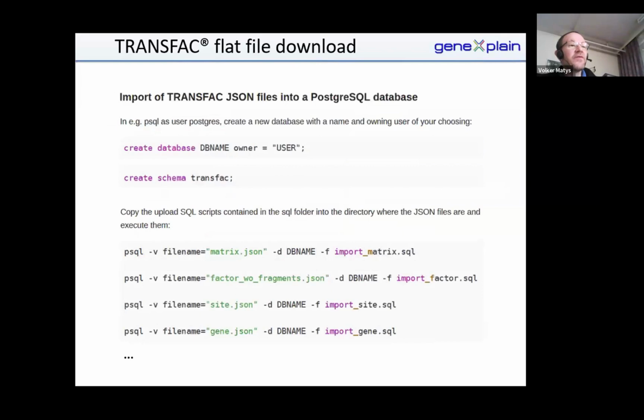However, if you would want, you could also upload the data, for example, into a relational database, and there is a description for the JSON files, how you could upload them into a PostgreSQL database, if you like.